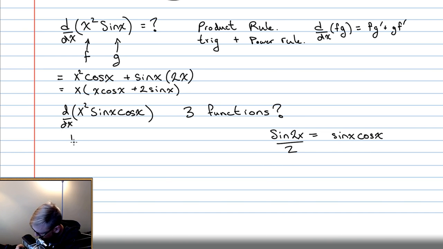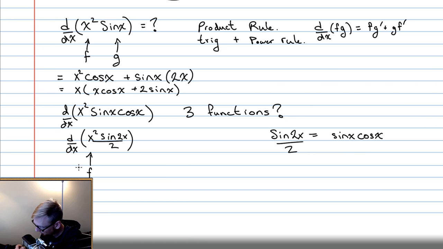So then this derivative just becomes x squared times sine of 2x over 2. Whoa! And that looks pretty similar to this previous one, doesn't it? Very nice, very nice. So let's do the derivative. x squared will be our f. And we'll say, well, the 2 doesn't really affect the derivative too much.